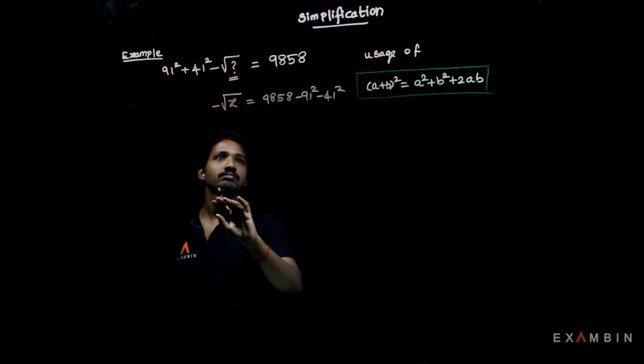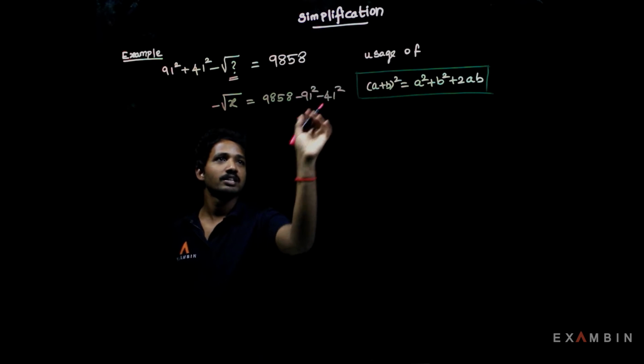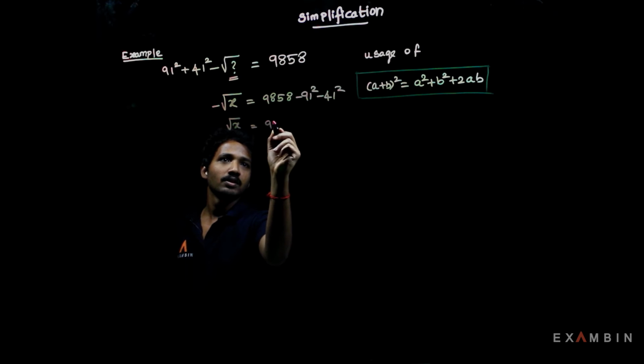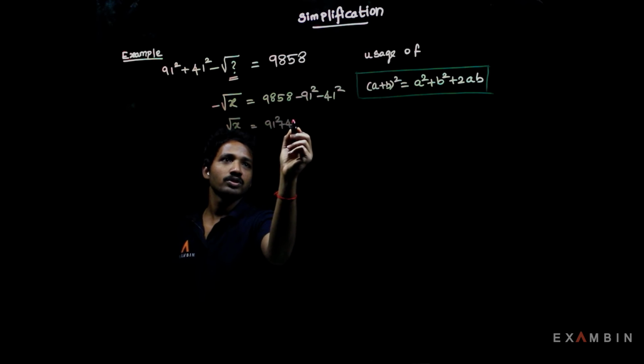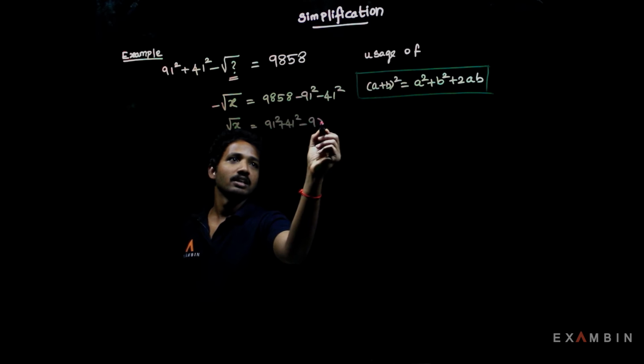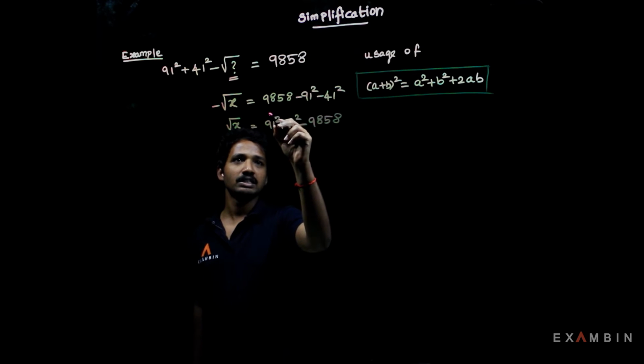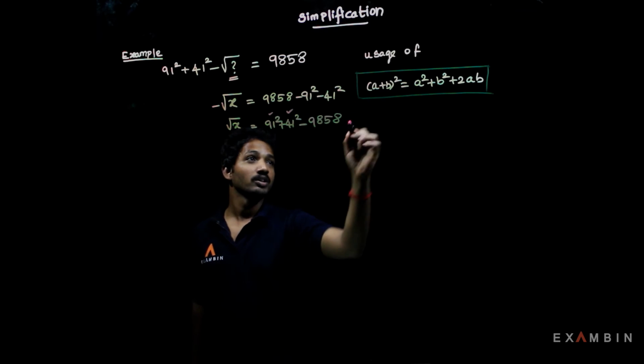So I am changing all the signs of these values. Root of x is equal to 91 square plus 41 square minus 9858. So we are going to find this 91 square and 41 square using this formula.